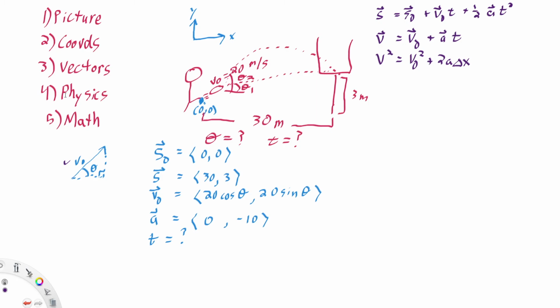The value for acceleration is negative 10, because the acceleration due to gravity is 9.8 meters per second squared, and I just rounded that to 10.